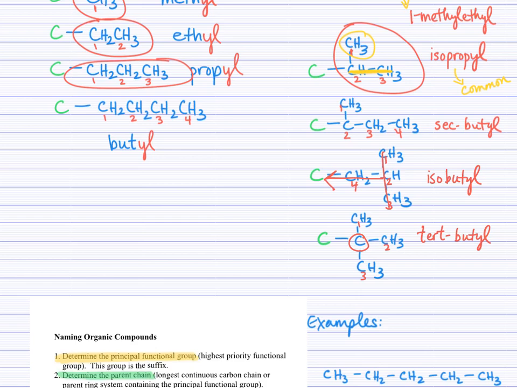Okay, so very likely you'll want to review those, and if you're looking to check your understanding of the iso, then I would recommend that you try drawing, let's say, the isopentyl side group.